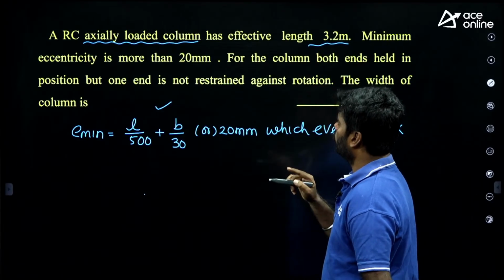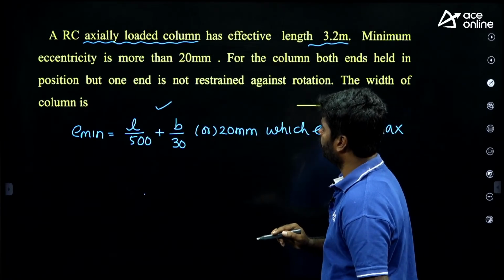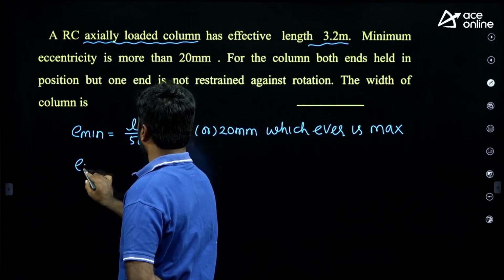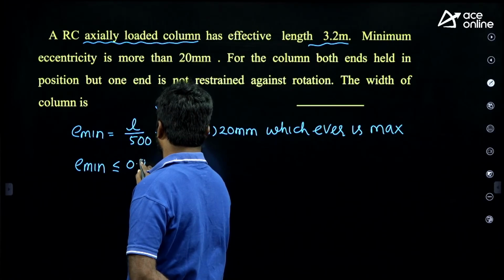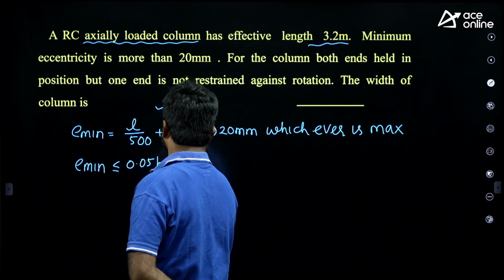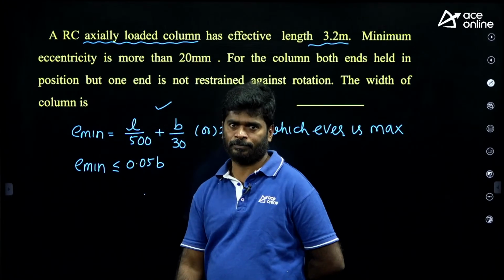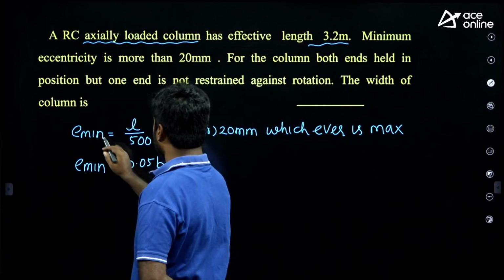One more condition for an axially loaded column: e minimum is less than or equal to 0.05 times the least lateral dimension of the column. Let us take it equal to in the worst case.